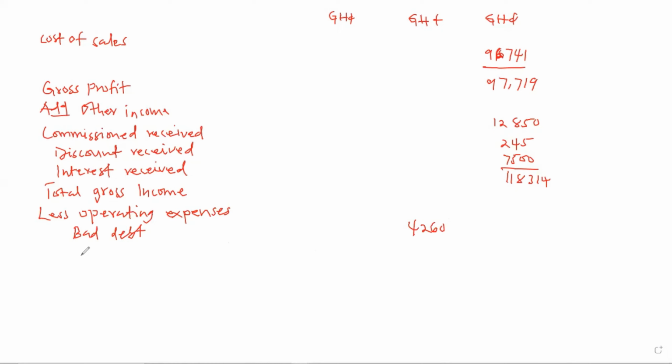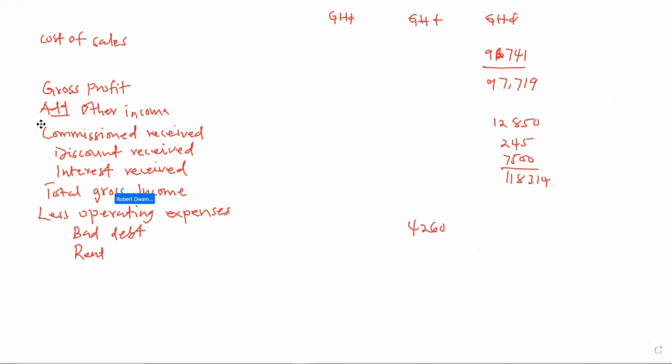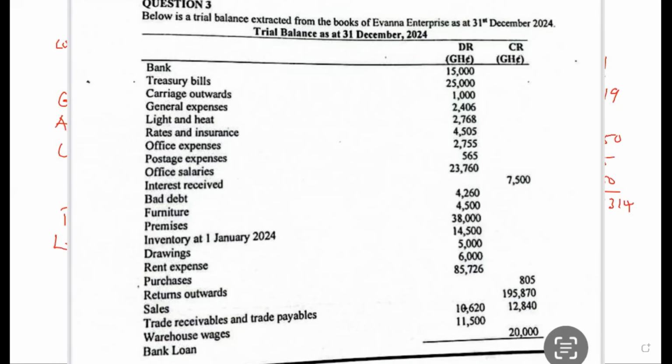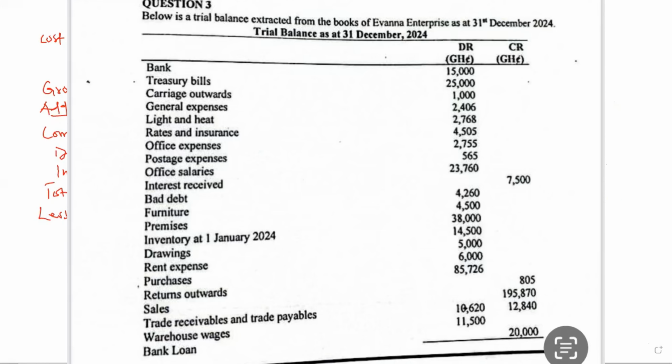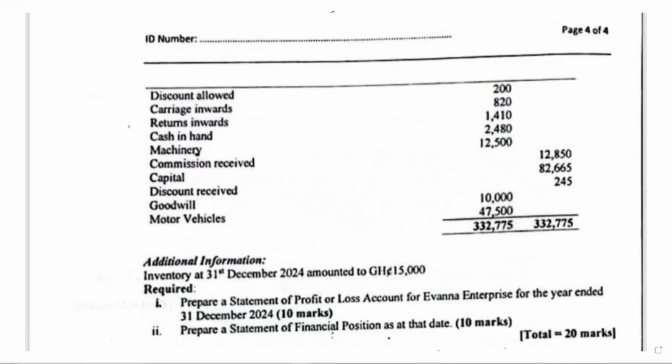Then we have rent, which is 6,000. You have discounts allowed, which is 200.